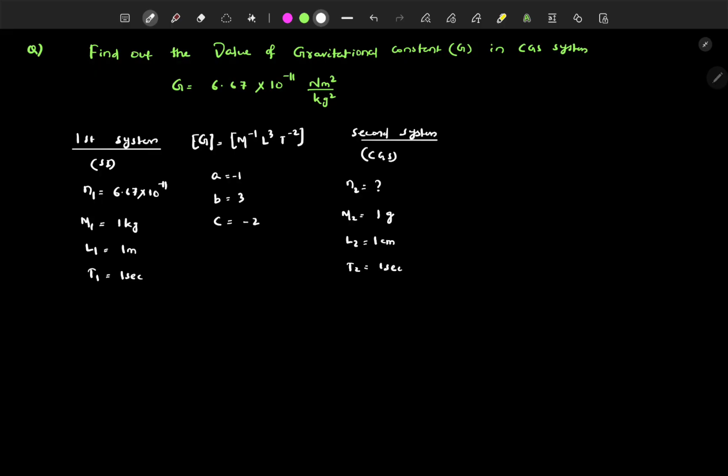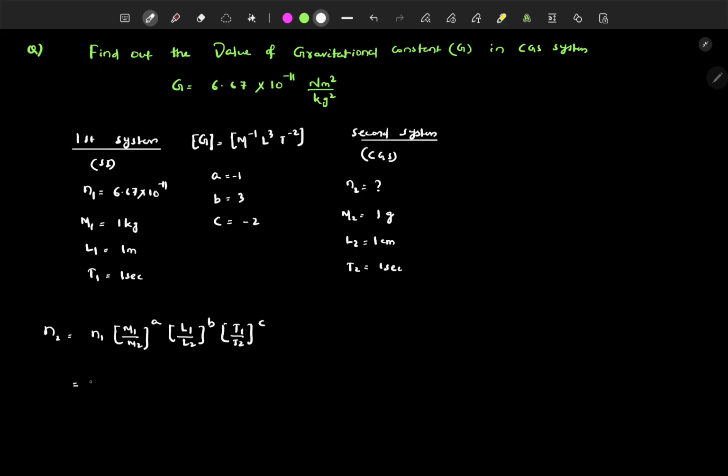Using the working formula, N2 is equal to N1 into M1 by M2 power A, then L1 by L2 power B, then T1 by T2 power C.